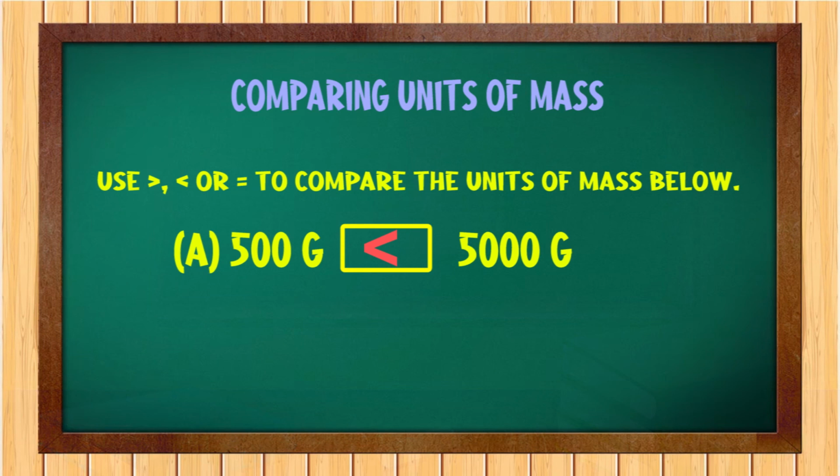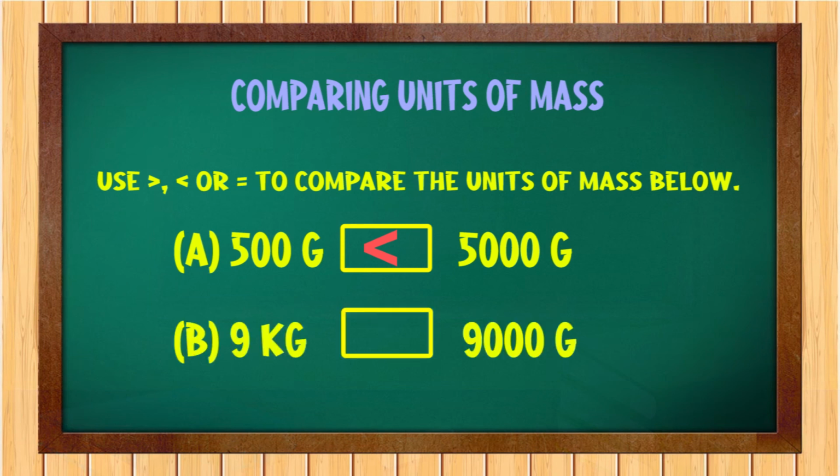Now let's do another example. This one is a little different. We're asked to compare 9 kilograms and 9,000 grams. So here we see that our two masses are not in the same unit. So we have to convert one of them.